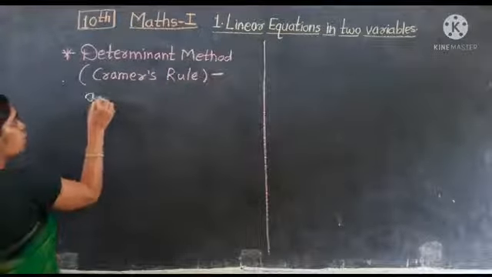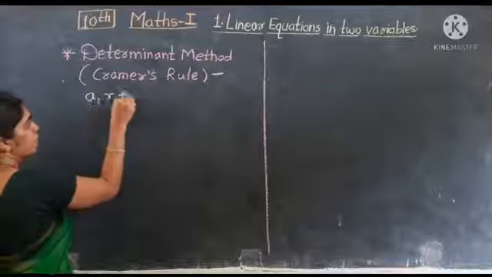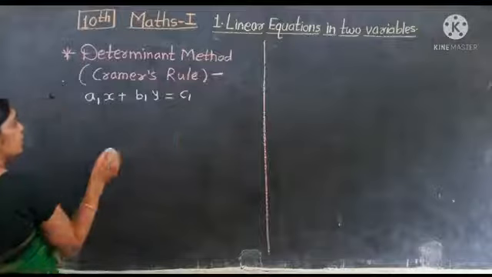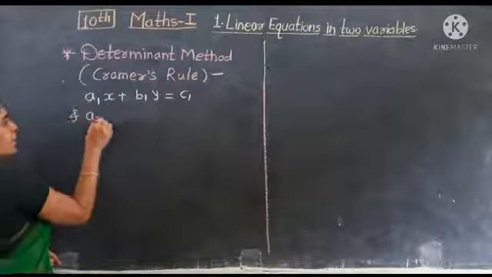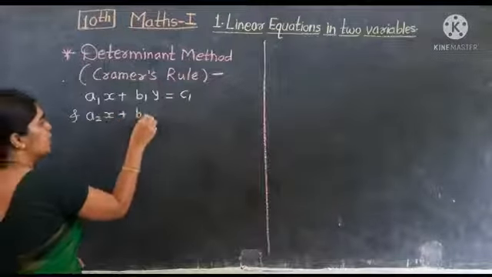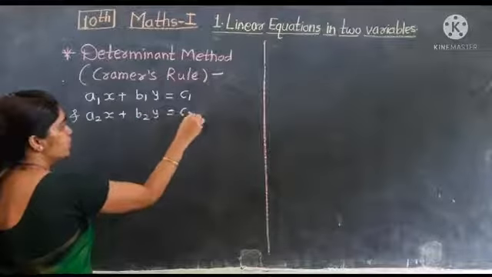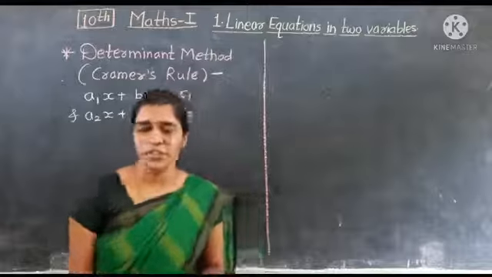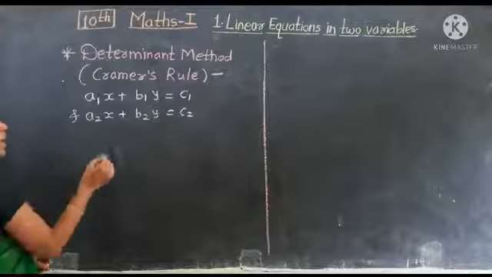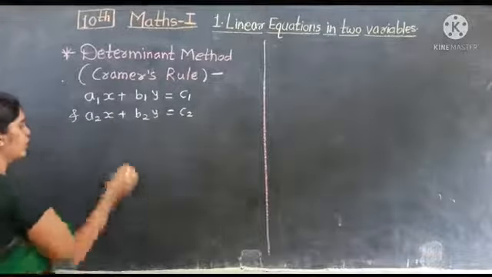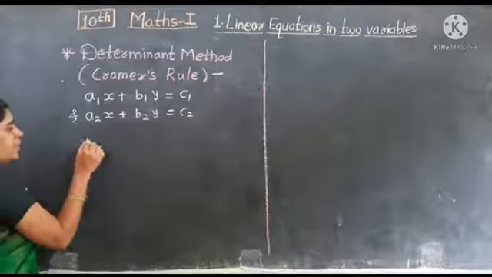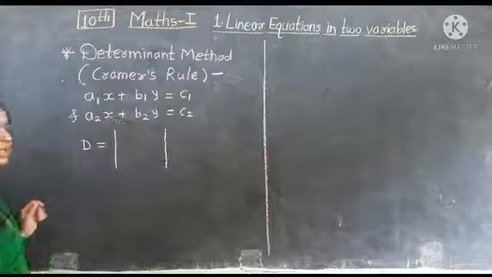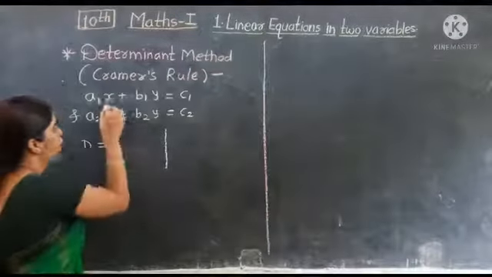Suppose these are the two simultaneous equations, a1x plus b1y is equal to c1 and a2x plus b2y is equal to c2. Then, according to the scientist Cramer, he writes the determinant D as the columns of the coefficients of x and y.